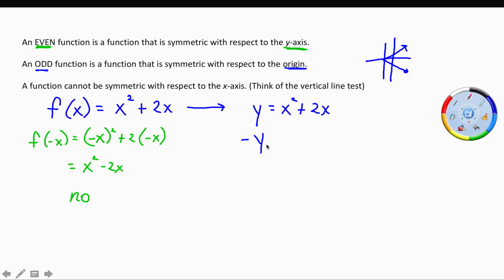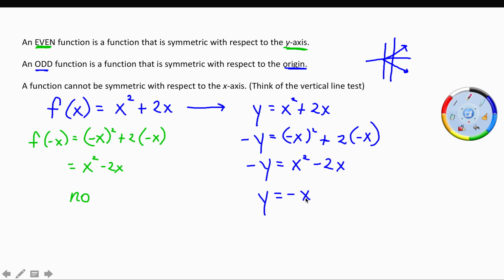So negative y equals negative x squared plus 2 times negative x, or negative y equals x squared minus 2x. Getting rid of the negative in front of the y, y equals negative x squared plus 2x. Is this equation identical to the original? No. This one is neither even nor odd.